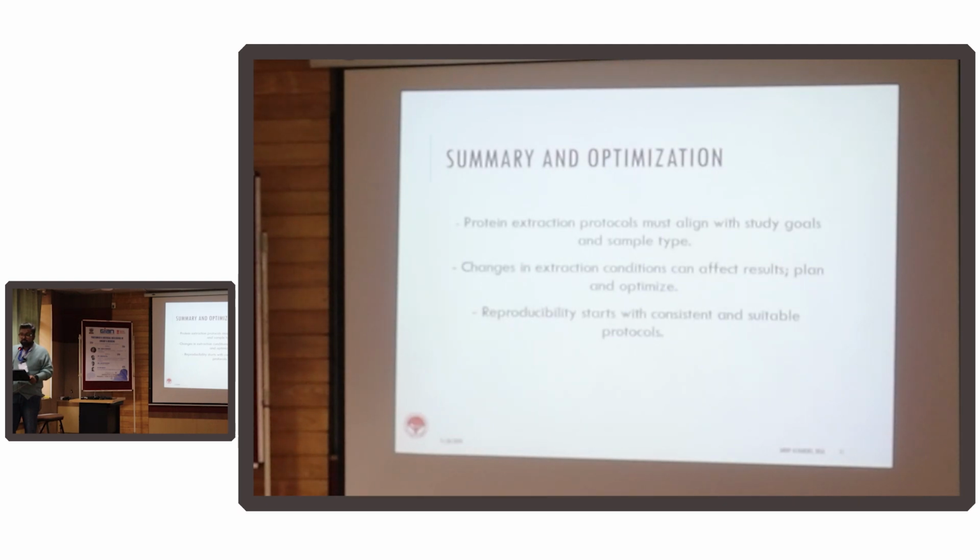Don't change versions, because these are algorithms, they keep on changing, and that might heavily impact your data analysis. So stick to conditions. Once optimized, stick to it until the end of your project. For your PhD, it's almost 3 to 4 years that you generate data. Stick to it. And that will help you with reproducibility, and consistency is the key.